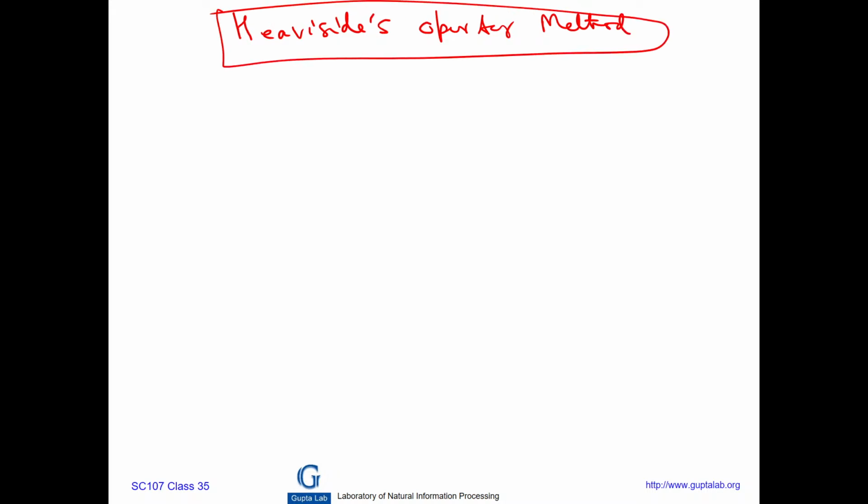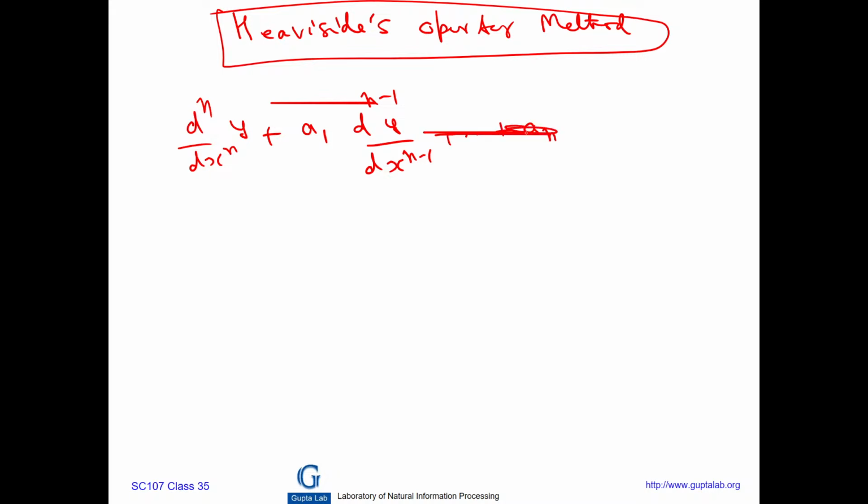Okay. So it is given that d^n y over dx^n plus a1 times d^(n-1) y over dx^(n-1) plus ... plus a_{n-1} dy by dx plus a_n y is equal to f(x), right?